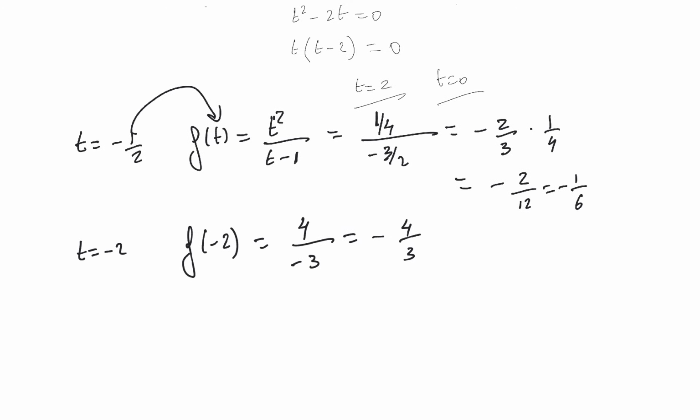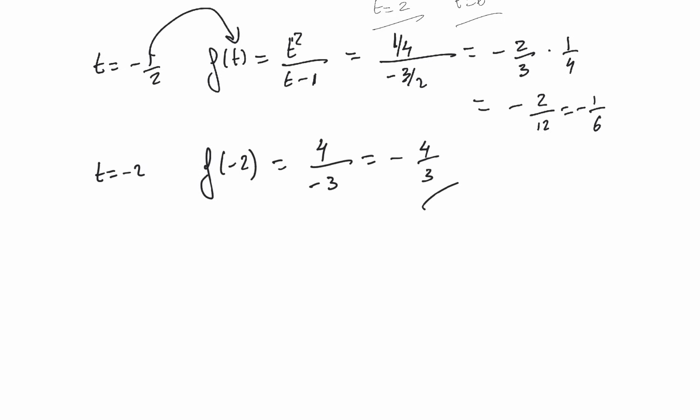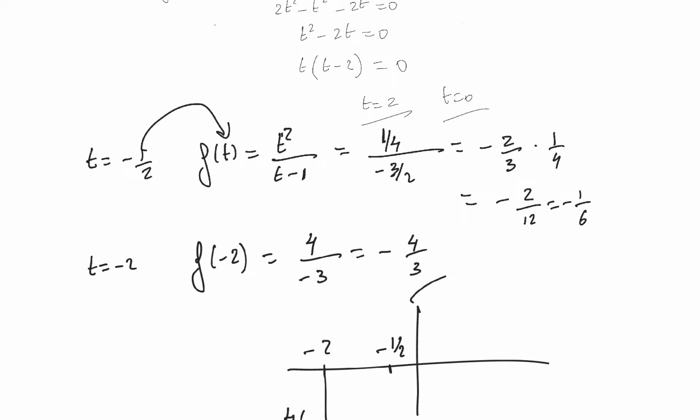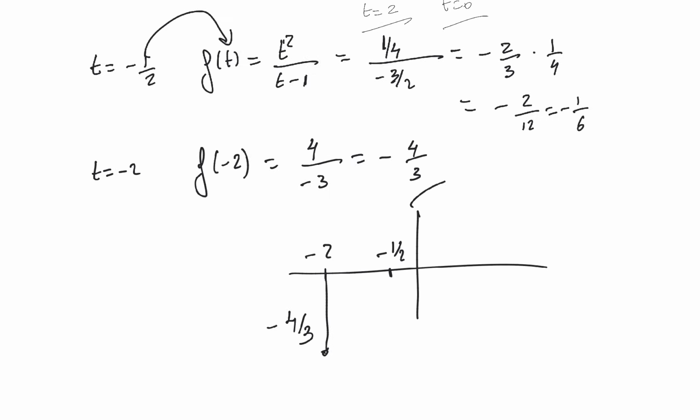So what is the absolute minimum? The absolute minimum value is -4/3. So at x equal -2, the value is -4/3. At x equal -1/2, the value is -1/6.